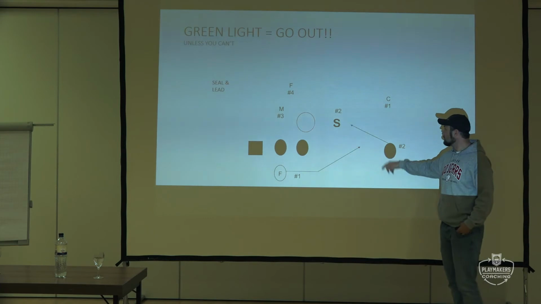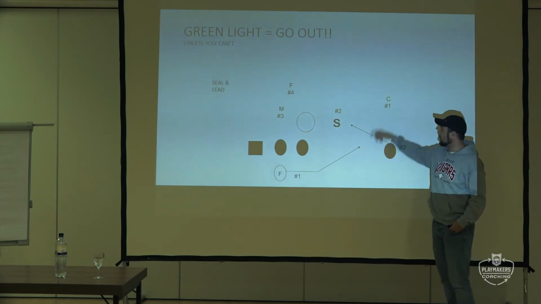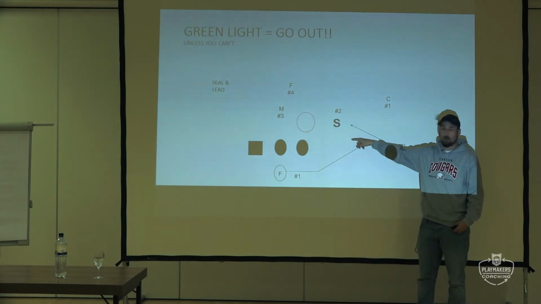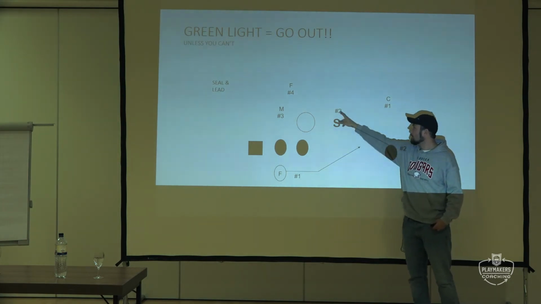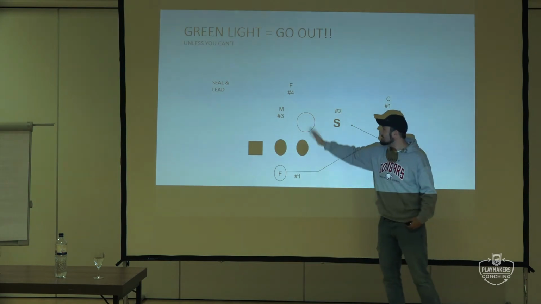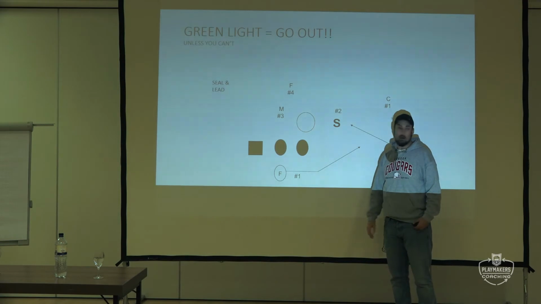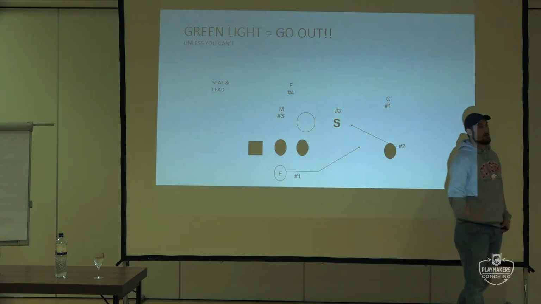He's got number 2, if we count from outside: corner is 1, outside linebacker, whoever is in this area, could be a rover, could be the strong safety, is number 2. The next guy inside of that we're calling number 3. And the safety on the play side is number 4.